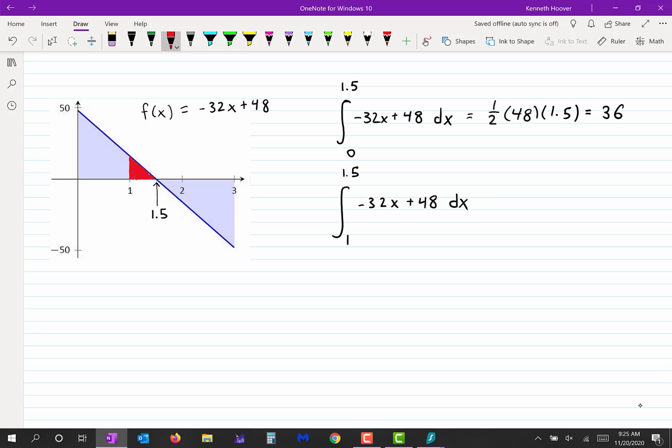Again, that's just a triangle. What would the height be? The height would be 16, and the width would be 1/2. And so that area would be 1/2 height times width. That's an area of 4.